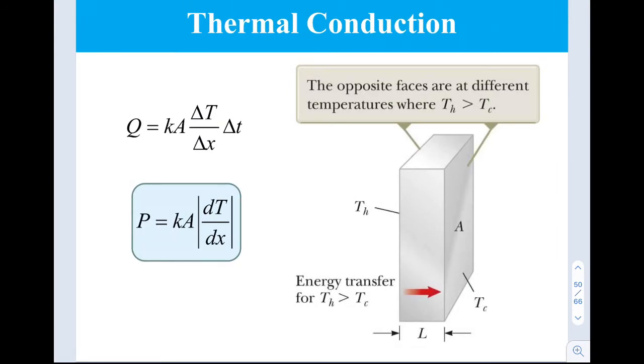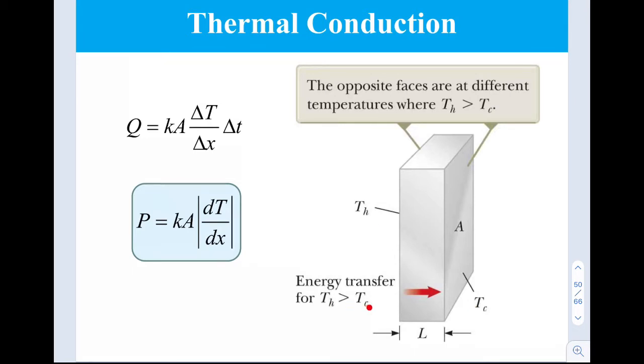So, the formula for thermal conduction. Let's say we consider this material having two different temperatures. This side is experiencing hot, T hot, and this section is experiencing T cold. So we know there is a difference between T hot and T cold.